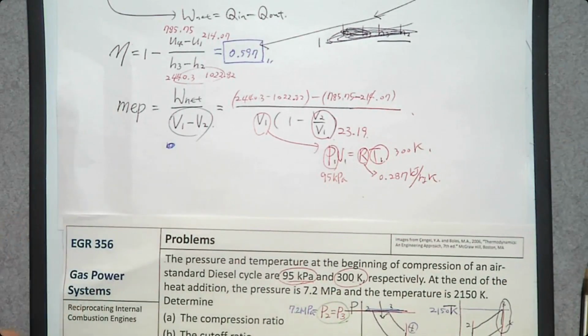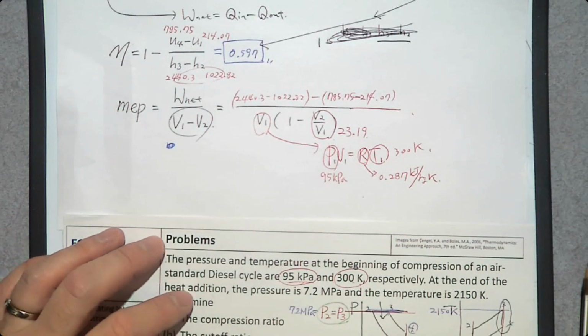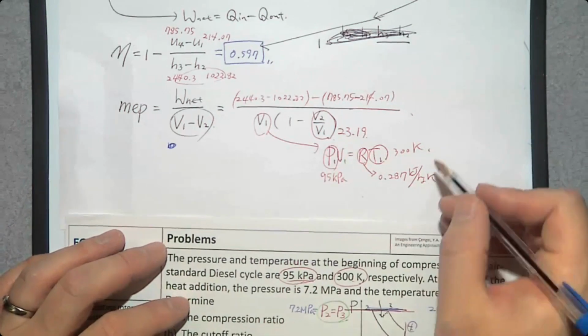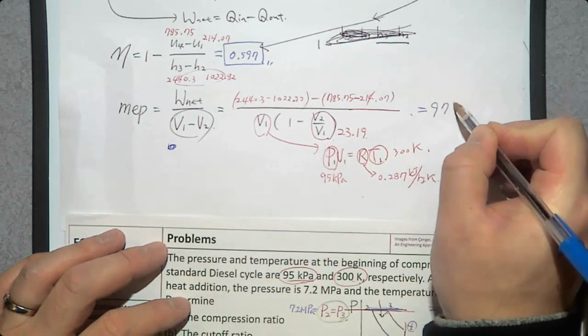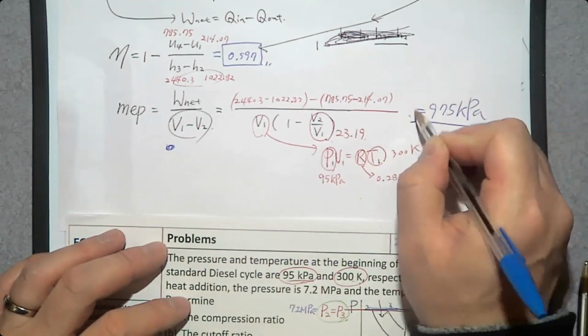You can determine the mean effective pressure. If you do the calculation, we get 975 kilopascal.